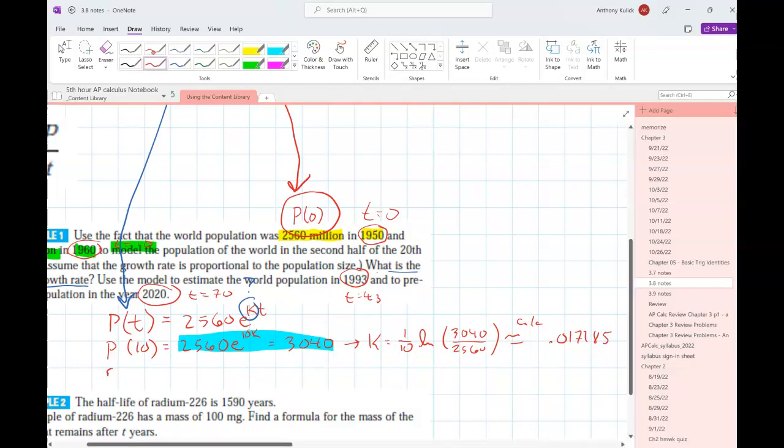So our relative growth rate is about 1.7% per how long? Year. Just years.